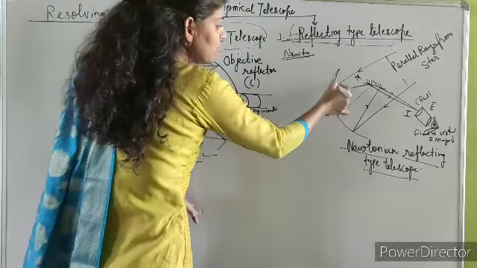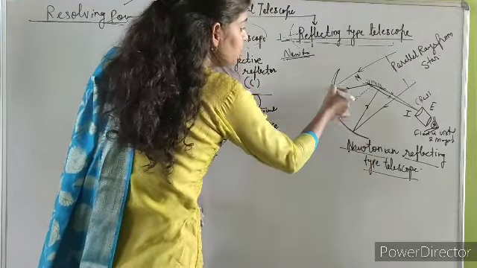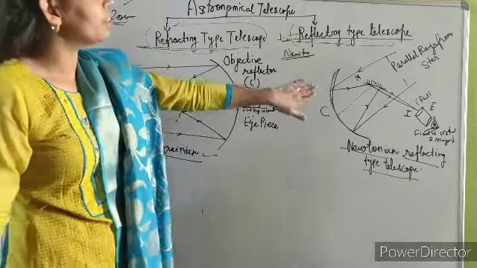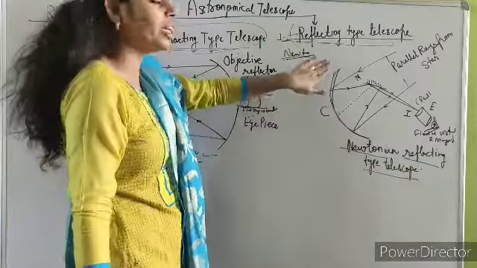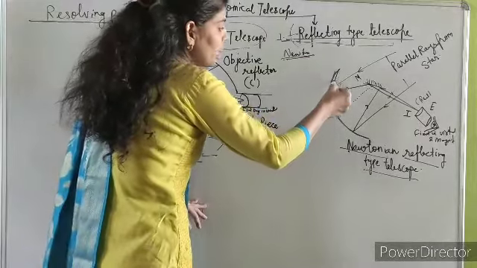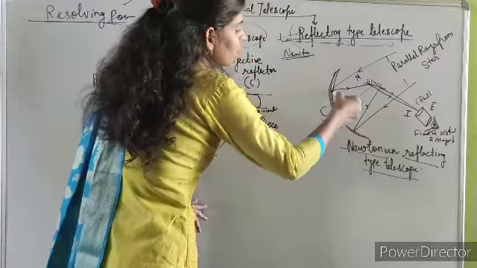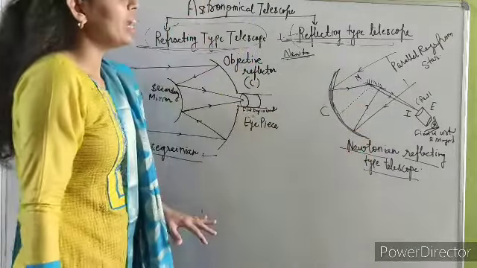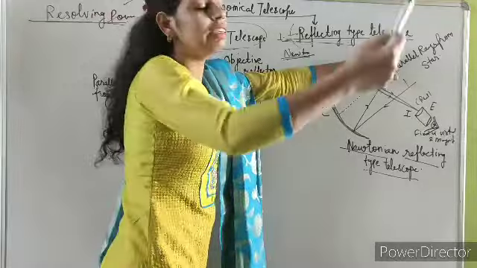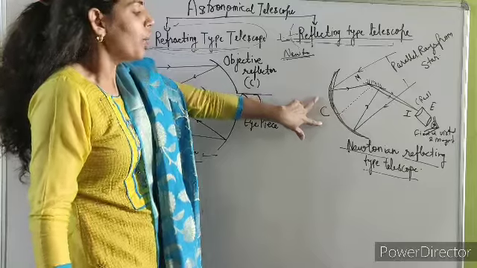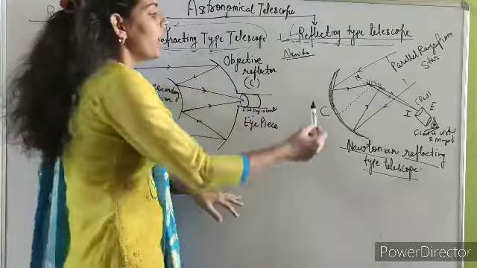So students, you can see here in the Newtonian type reflecting telescope, C is a concave parabolic reflector on which light rays coming parallel from the distant stars fall.